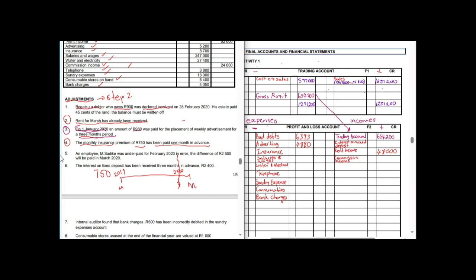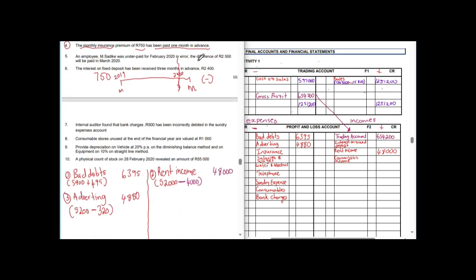Meaning anything beyond our financial year must be illustrated with a minus sign, a negative sign. And then we can go and look for the insurance amount from our pre-adjustment trial balance, which is 8,700.